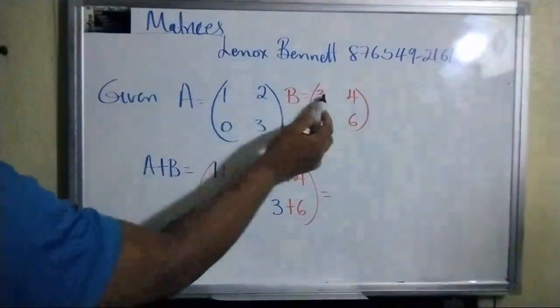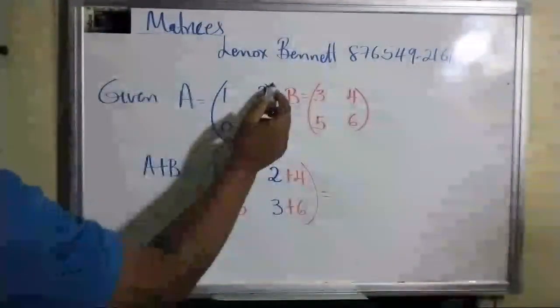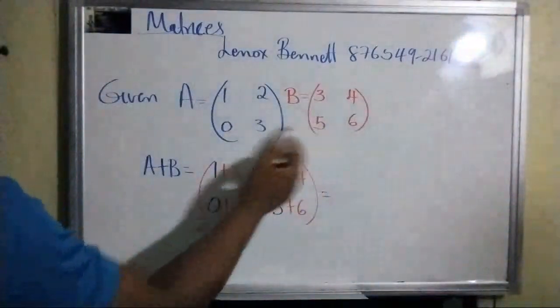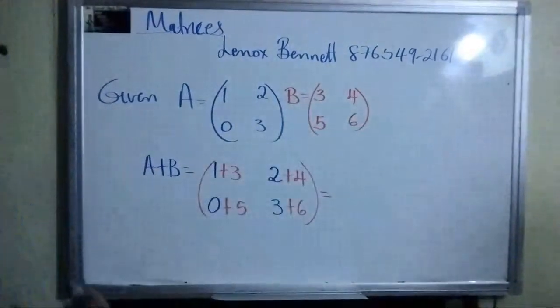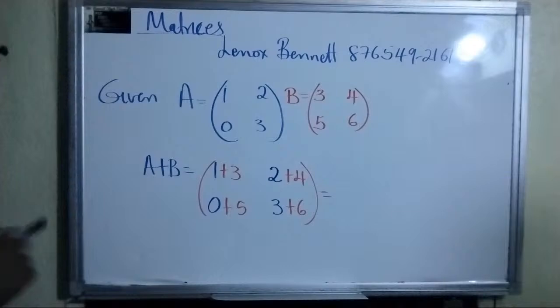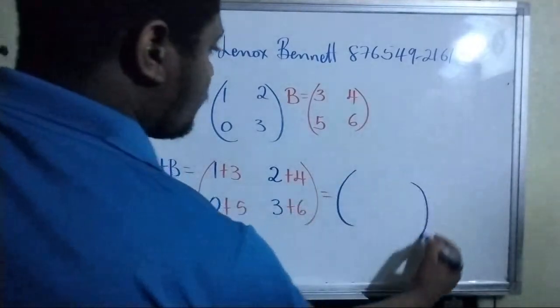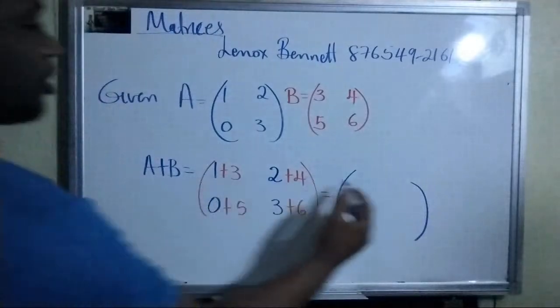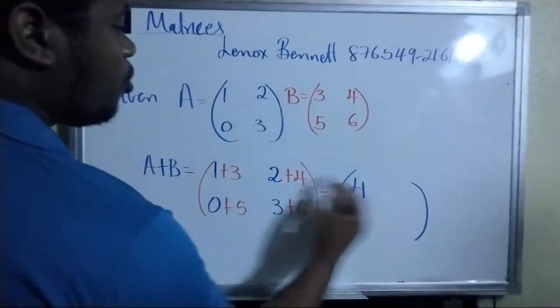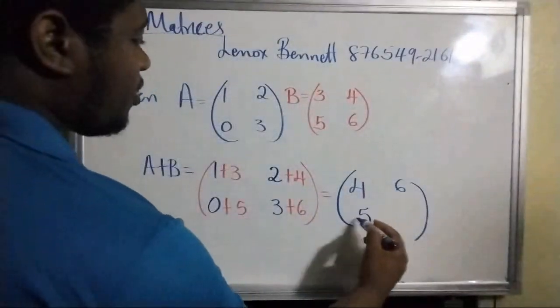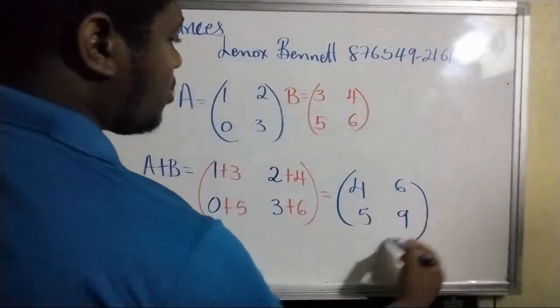So we add 1 and 3, same position, right? 0 plus 5, same position, and 3 plus 6. So we just add: 1 plus 3 is 4, 2 plus 4 is 6, 0 plus 5 is 5, and 3 plus 6 is 9.